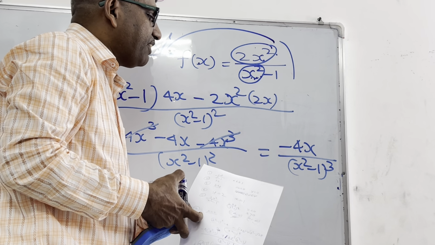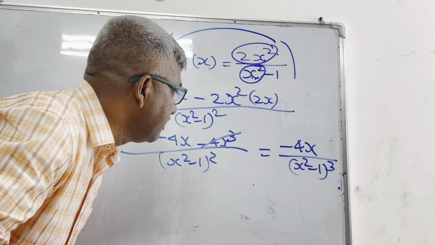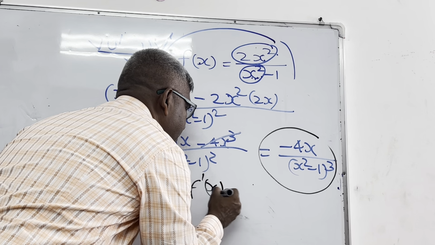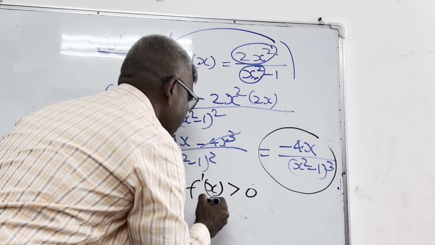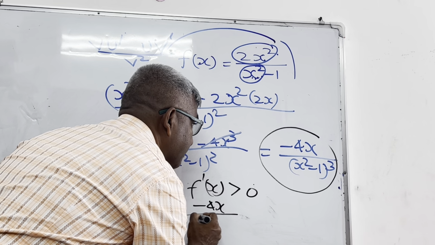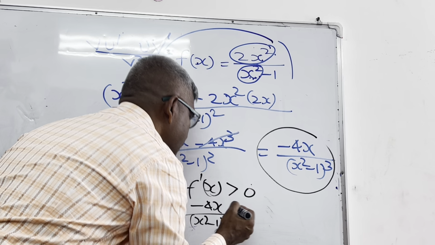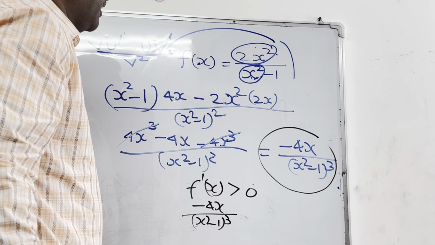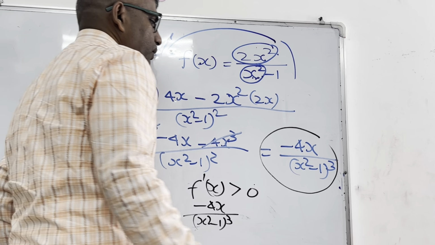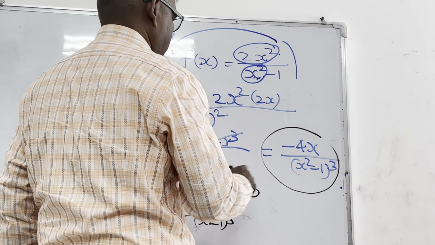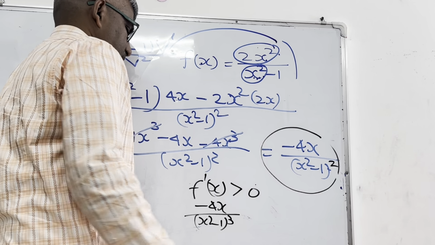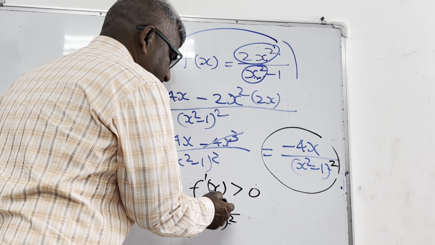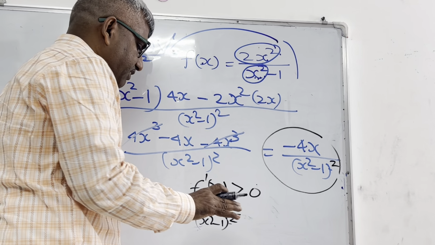Okay, when will f dash x increase? When f dash x is positive, it is increasing. So when is minus 4x over x squared minus 1 whole square positive? The square is always positive. Second, 4 is always positive.